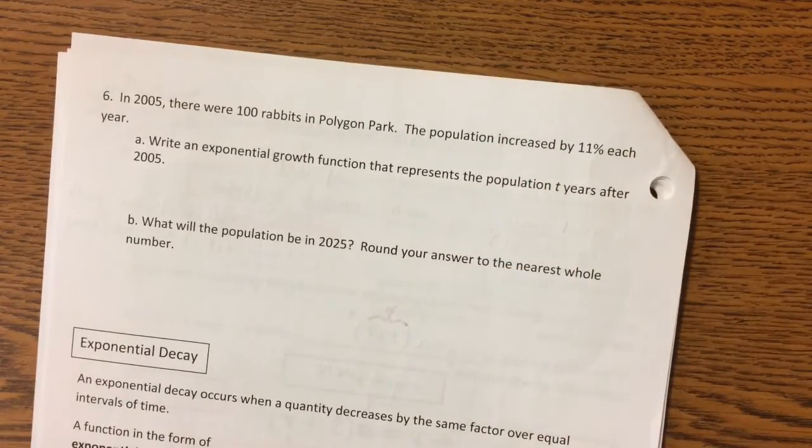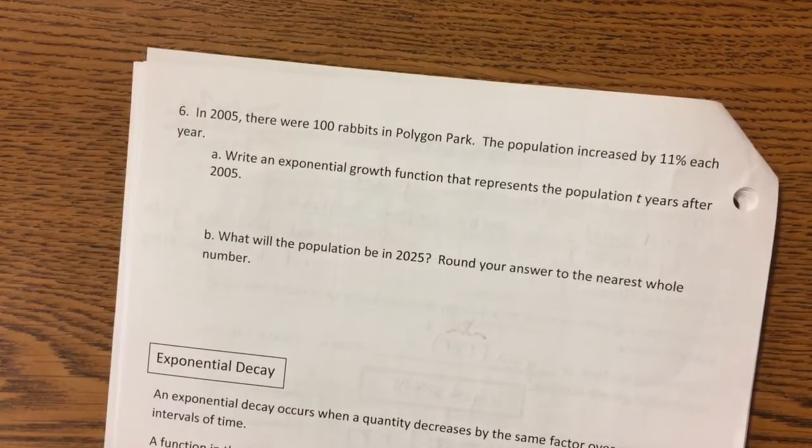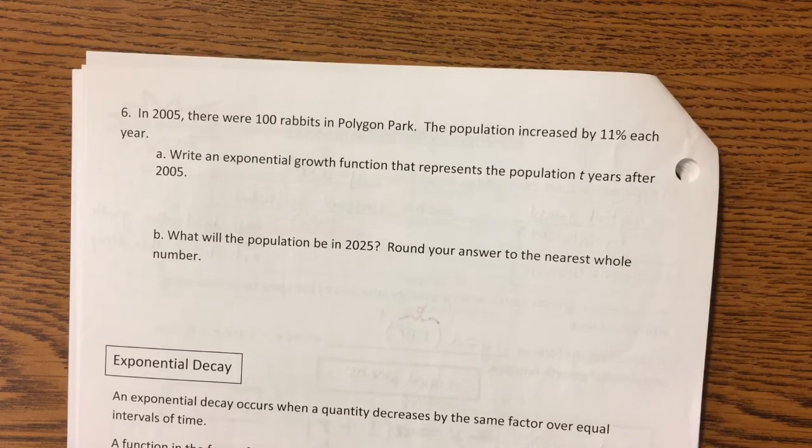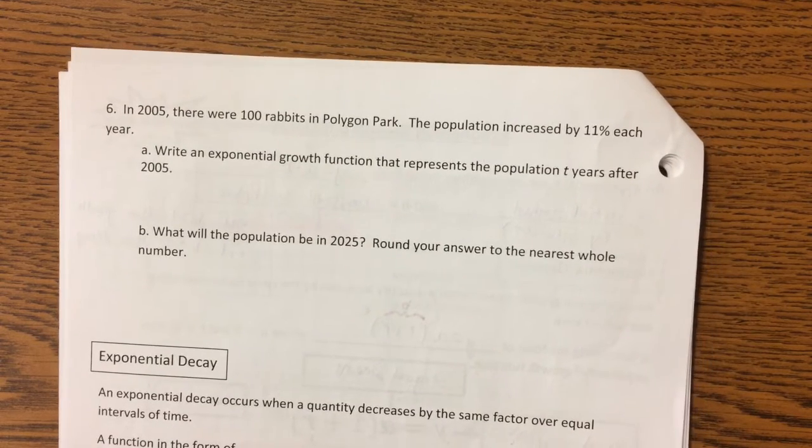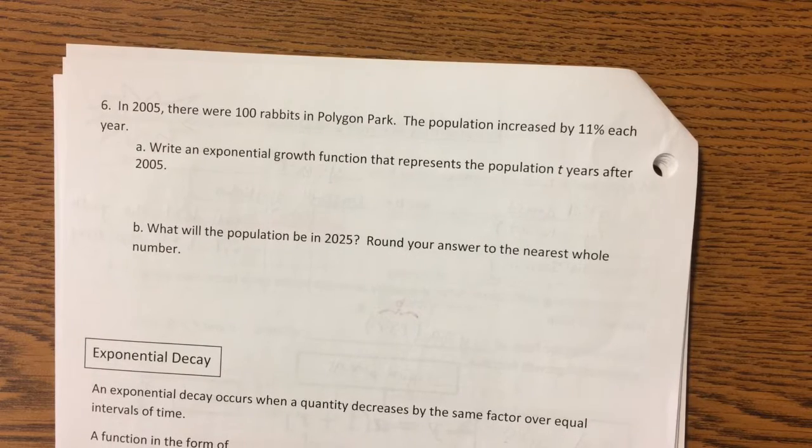Number 6. In 2005, there were 100 rabbits in Polygon Park. The population increased 11% each year. Write an exponential growth function that represents the population t years after 2005. So this is going to happen pretty frequently in these word problems, that they're going to set a date or a year that is going to be the beginning of the situation.